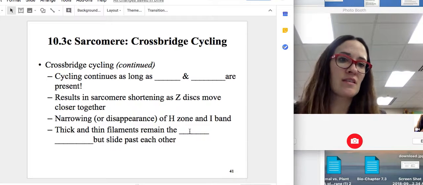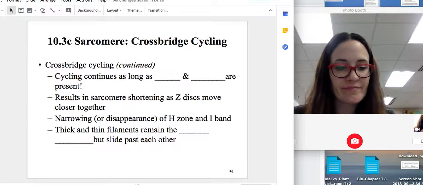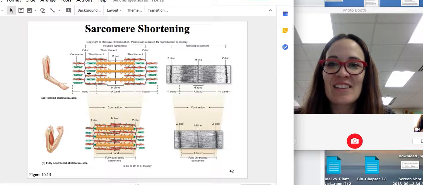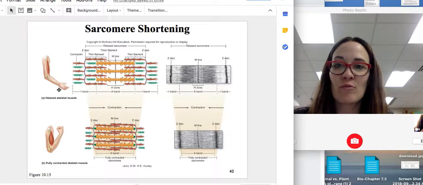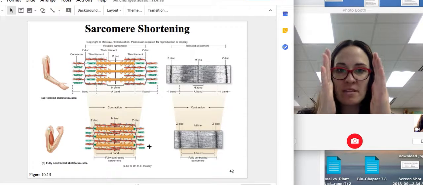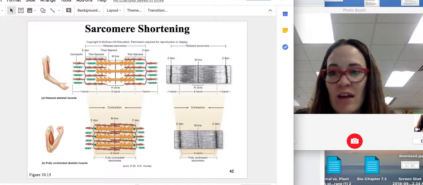It's referred to as the sliding filament model. And there it is. So there's our Z discs. The muscle's relaxed. Now we're going to contract that muscle. Whoop, the sarcomere shortens, and the myosin is grabbing the actin.